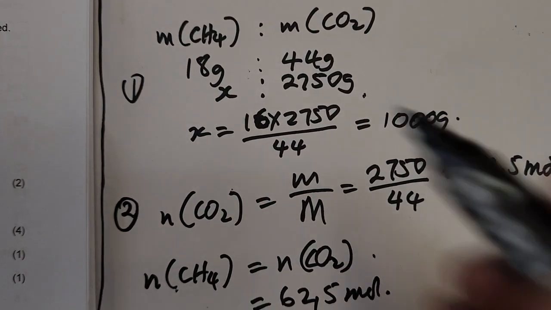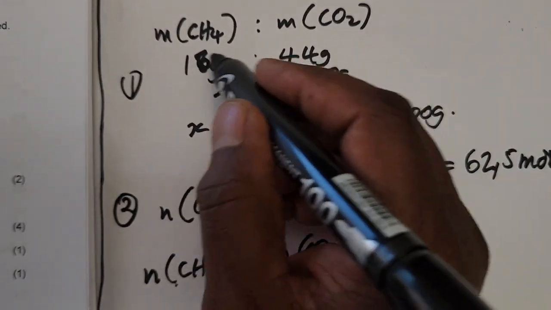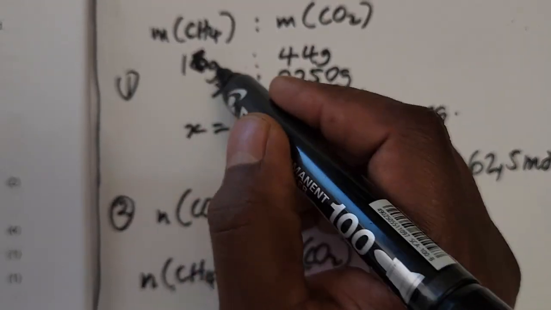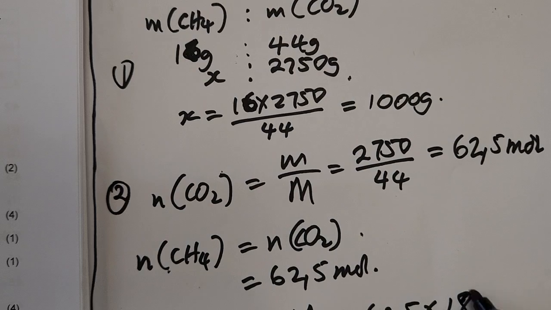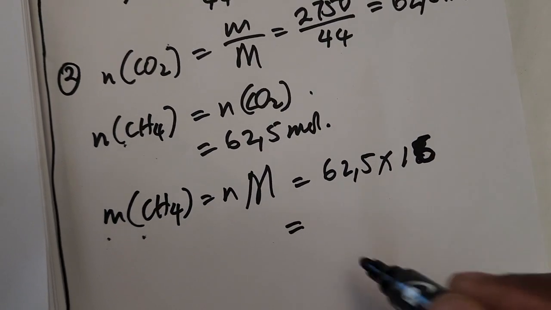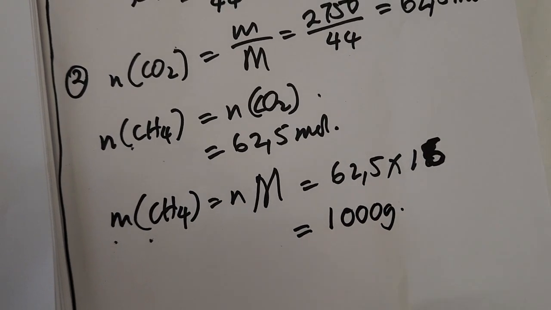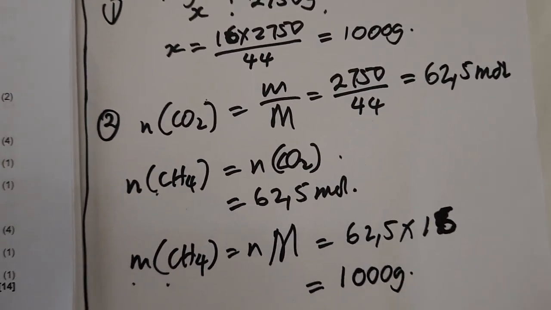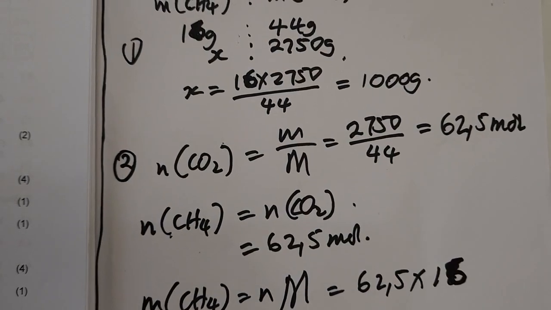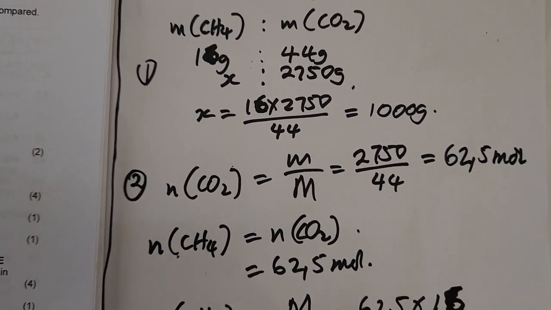I don't know where I got this 18, because 12 plus 4 is 16. Pardon me for that. It is supposed to be 16, and then you get your 1,000 grams. That's how you can solve this problem. Very simple stoichiometric calculation. You get 5 marks for doing that.